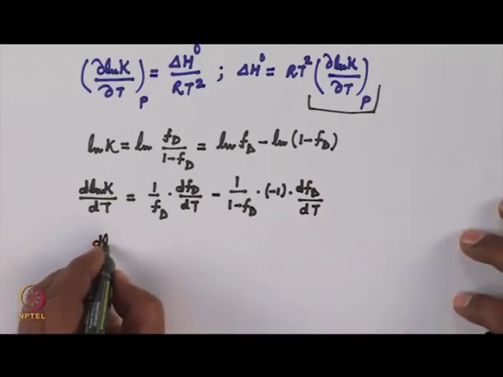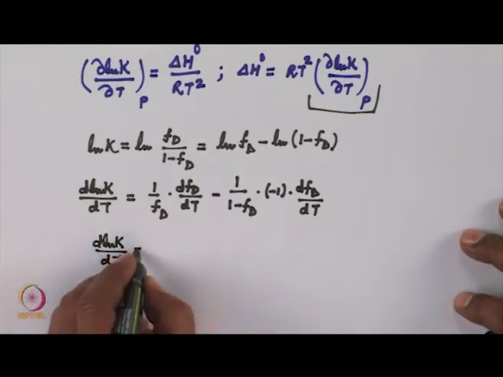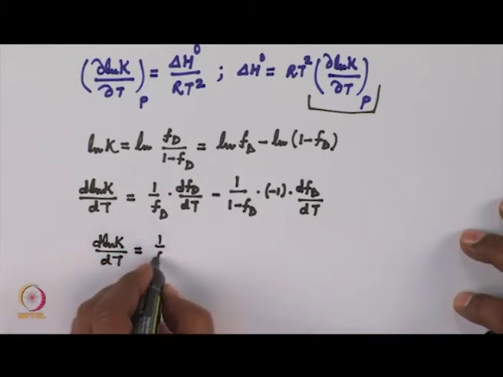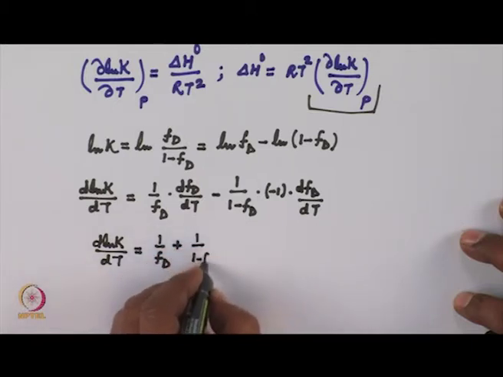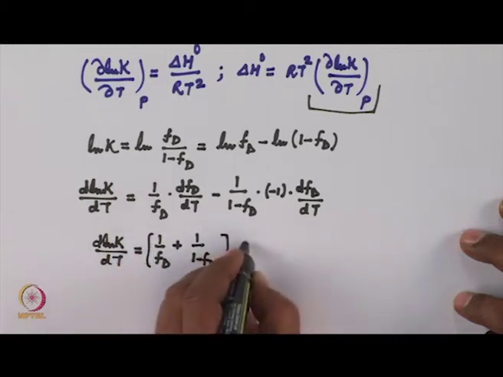So, I have d log K by dT equal to 1 over Fd plus 1 over 1 minus Fd, times dFd by dT.